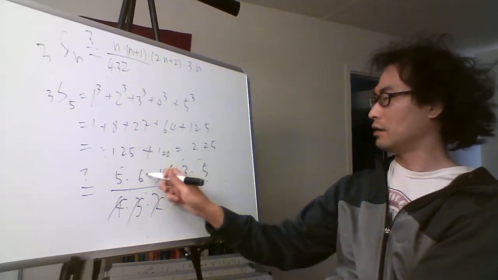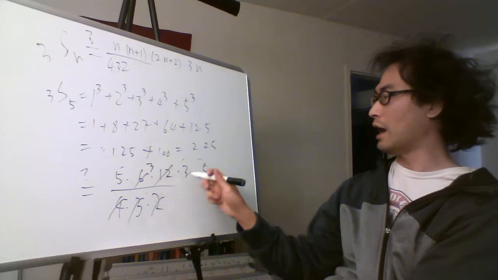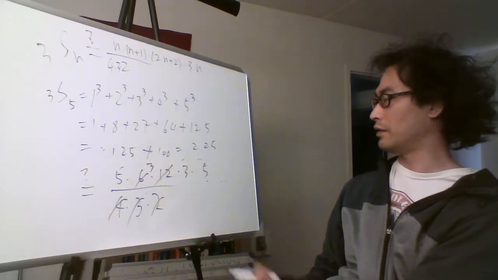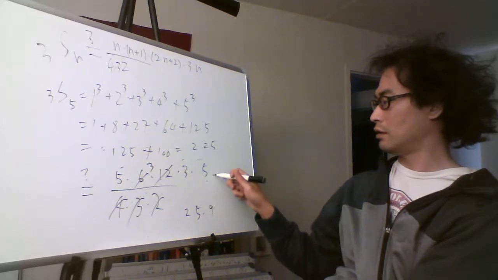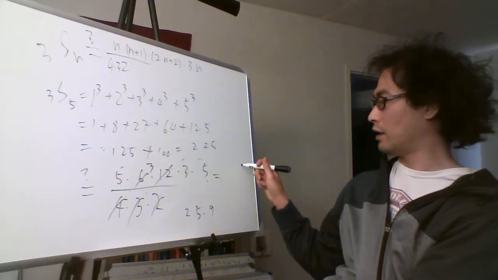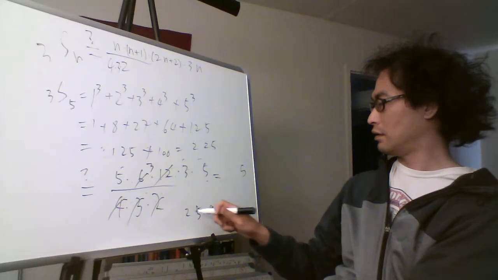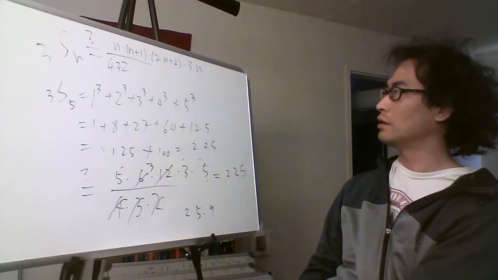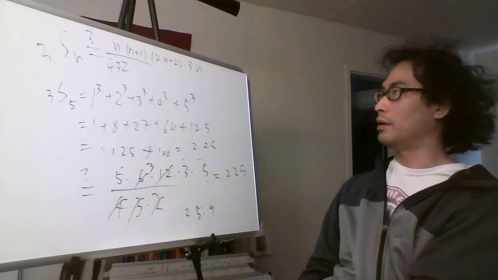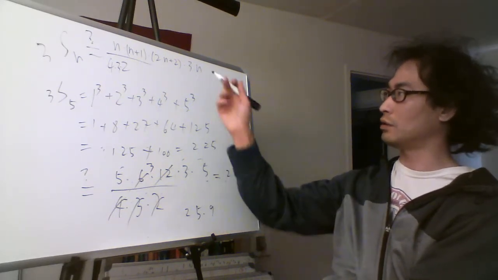Okay, 3. So 9 times 25. Yeah, I think it's working. 45, 18. Ladies and gentlemen, we got it. Okay, so yeah, this is the correct formula.